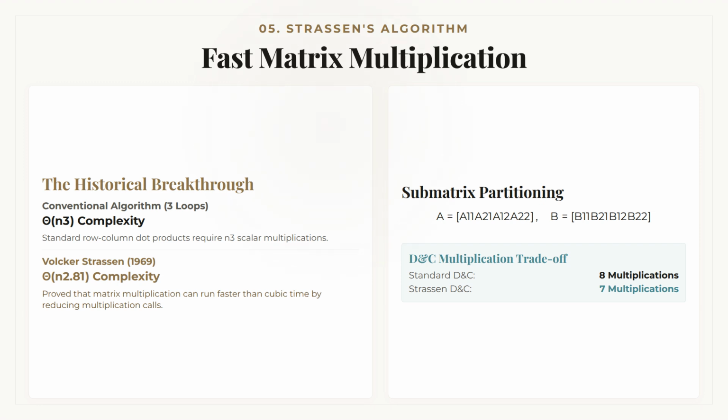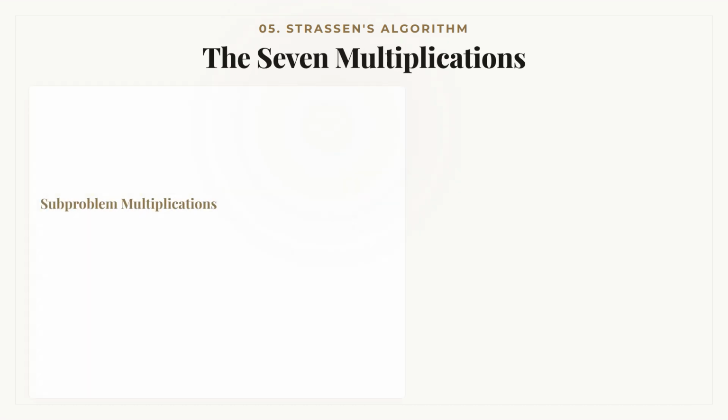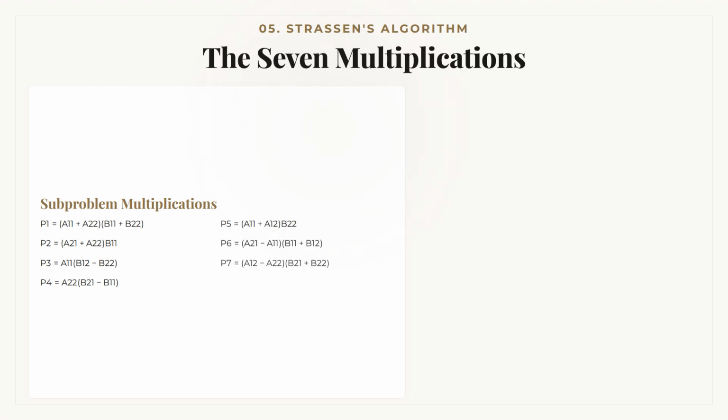The recurrence relation for Strassen's algorithm becomes T(n) = 7T(n/2) + n squared. Applying the Master Theorem gives the solution theta of n raised to the power log base 2 of 7. This value is approximately theta of n raised to the power 2.81.